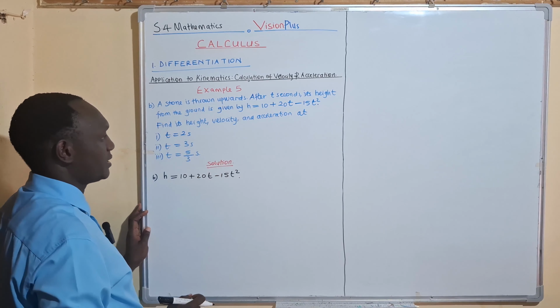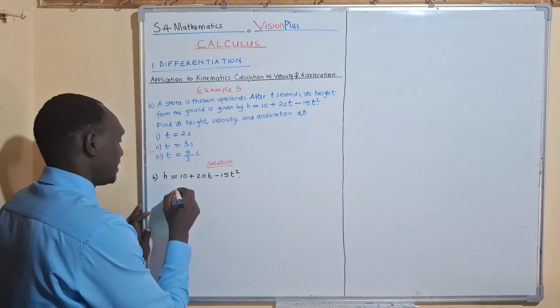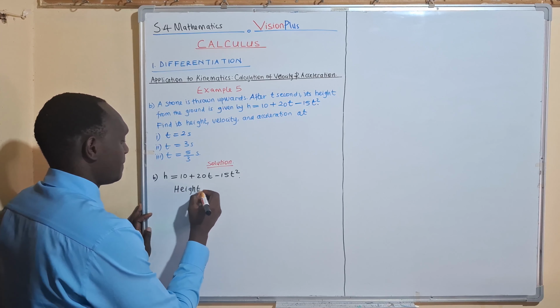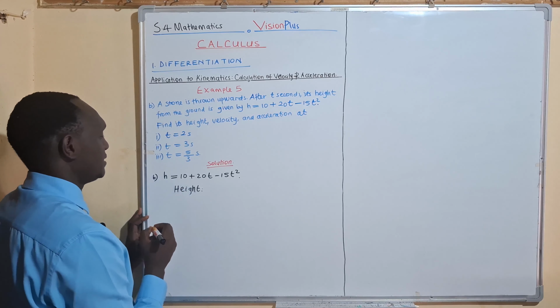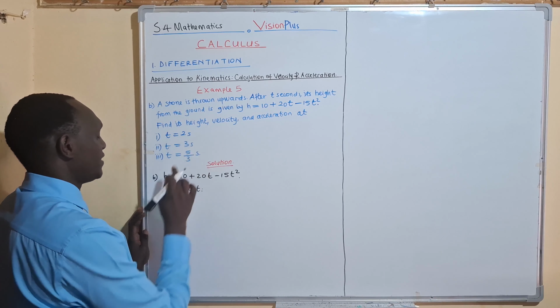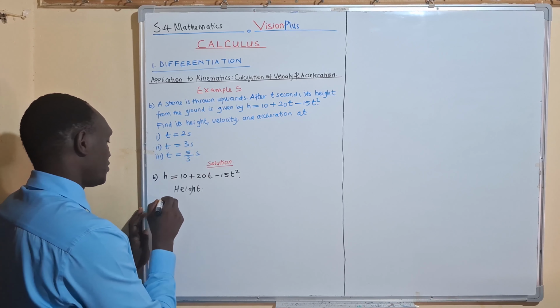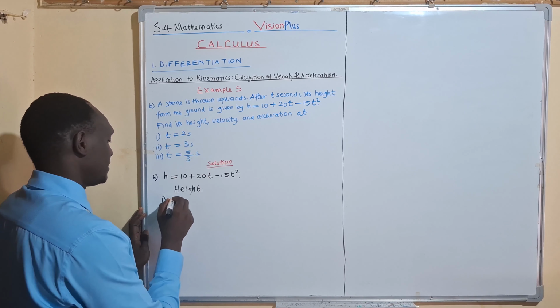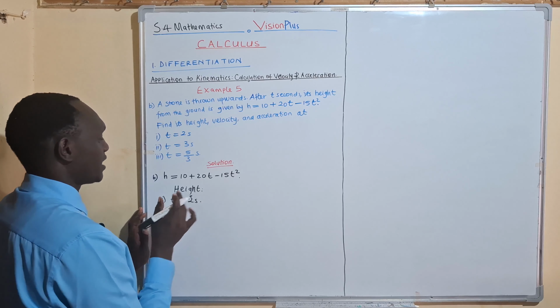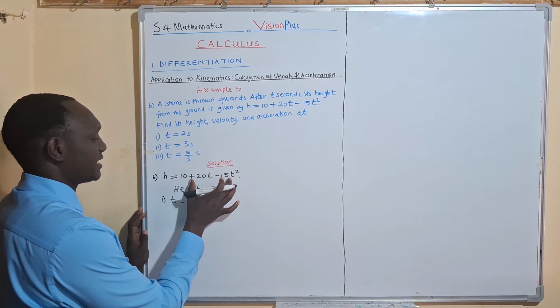So to make our work more organized, let me get the height first at all the given times. That means I'll get the height at 2, 3, and 5 over 3. So for Roman 1 of height, the time is 2 seconds. So we use the expression for the height at any time.